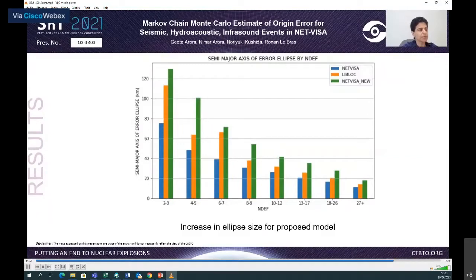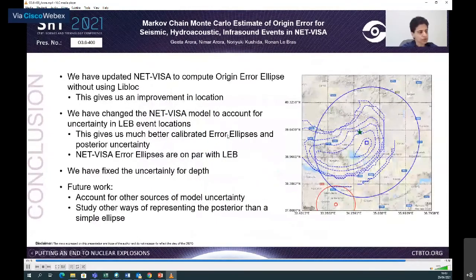With NetVisa computing the error ellipse here in blue, the semi-major axis size goes down to approximately 75 kilometers, but with the same result of 25% of the time points being within the error ellipse. With the new NetVisa model, which gives 45% of the points within the error ellipse, the semi-major axis size now is approximately 125 kilometers.